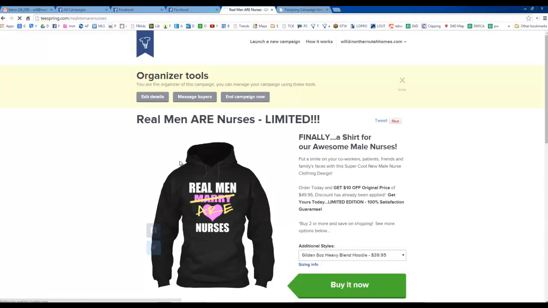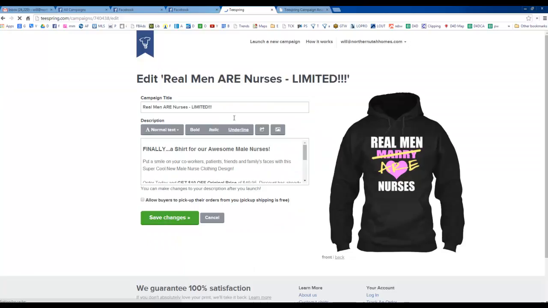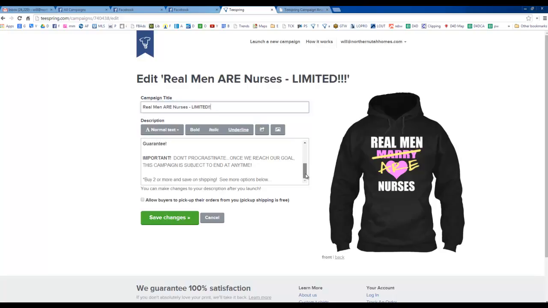Okay, so sometimes this doesn't change right away, and I'm not exactly sure why. I don't know if you guys run into this. It does seem like it saves it, but it also seems like if you don't change something, like in the title, it doesn't update. I don't know about the limited. I'm going to put on here limited time offer once we reach important.